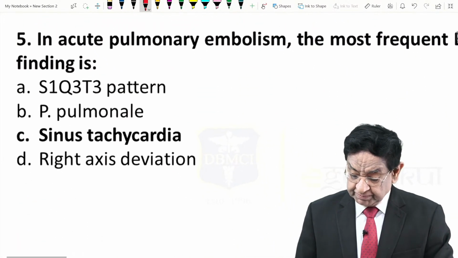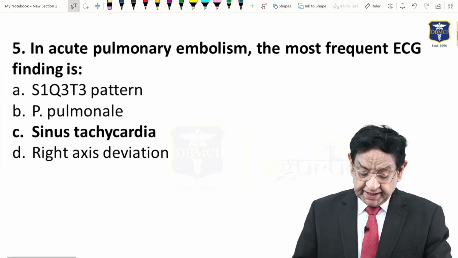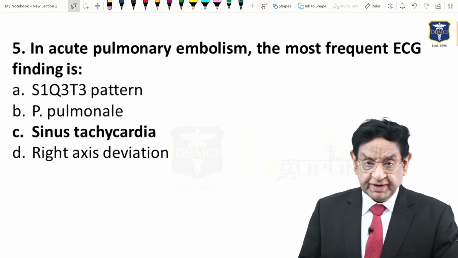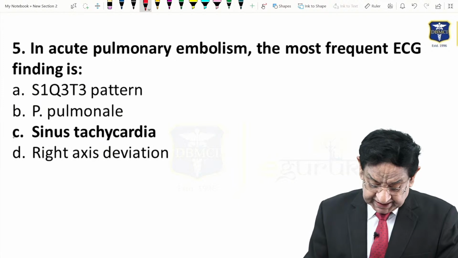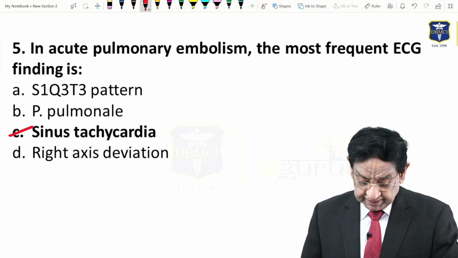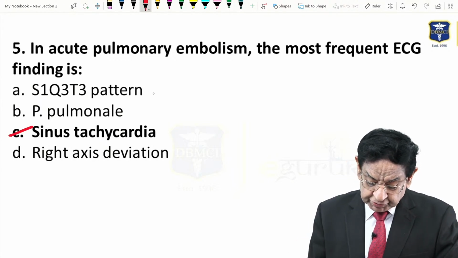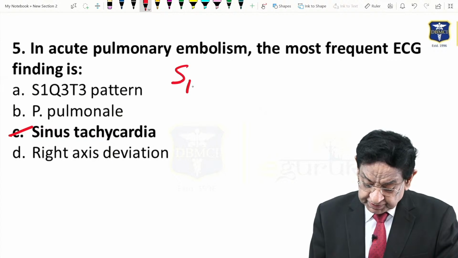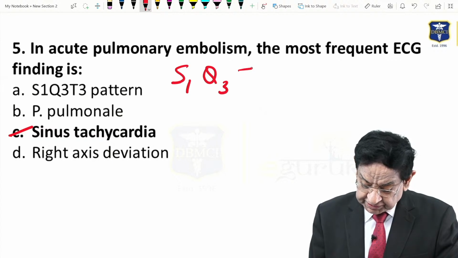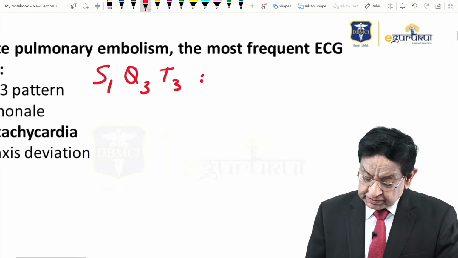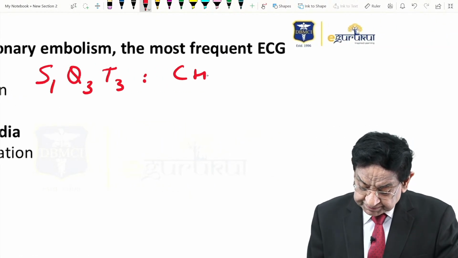Well, question number 5. In acute pulmonary embolism, the most frequent ECG finding is tachycardia. Okay. This S1Q3T3 is the most characteristic finding.